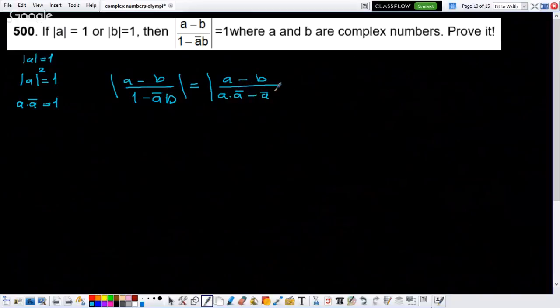conjugate minus A conjugate B. We can write here that it's going to be equal to A minus B all over A conjugate, and here A conjugate times A minus B. We take A conjugate out in parentheses, so when you take out A conjugate, you are left with A minus B in module again.